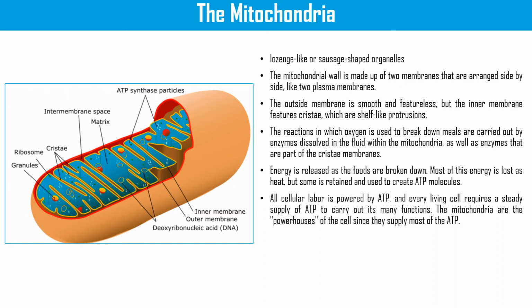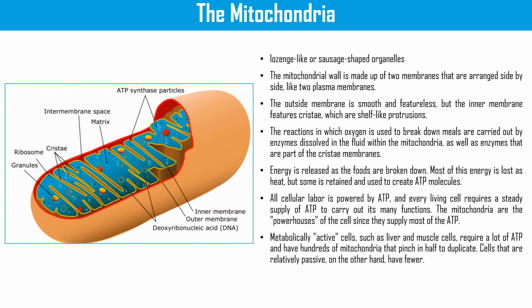The mitochondria are the powerhouse of the cells since they supply most of the ATP. Metabolically active cells such as liver and muscle cells require a lot of ATP and have hundreds of mitochondria that pinch in half to duplicate. Cells that are relatively passive, on the other hand, have fewer mitochondria as compared to the active cells.